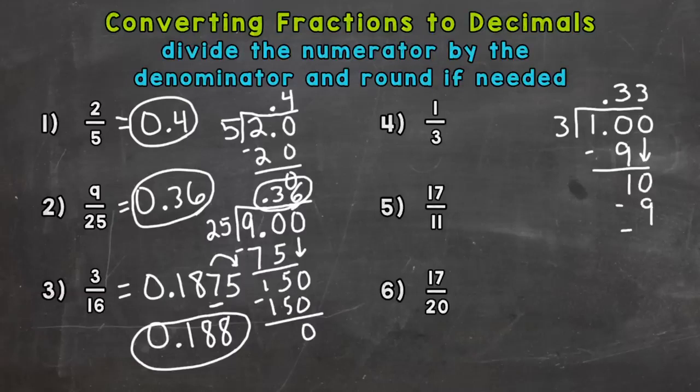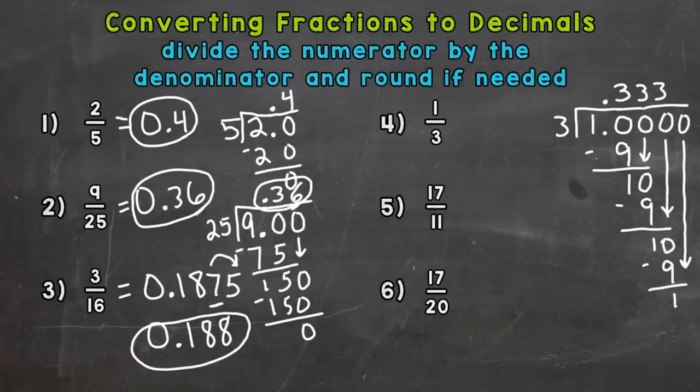And our pattern is going to start here. Subtract, add another 0 and drop it, so we have another 10. 3 3's out of 10. 3 times 3 is 9. Subtract a 1, and you're probably getting the point here. It's going to go on forever, so it's a repeating decimal. So our answer, this is one we would want to round, and if we round it to the thousandths, we have a 3 there.